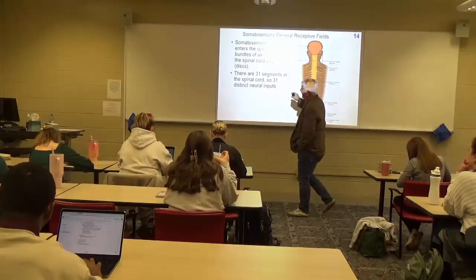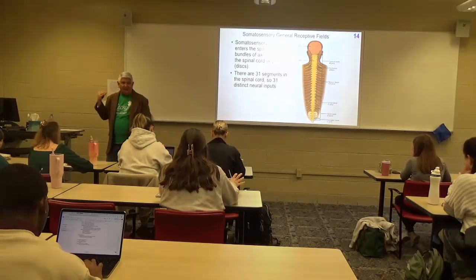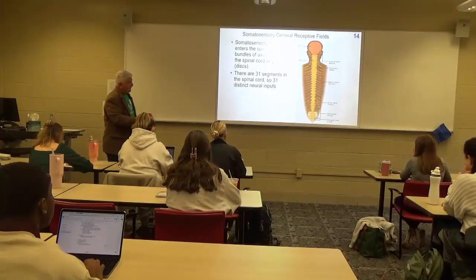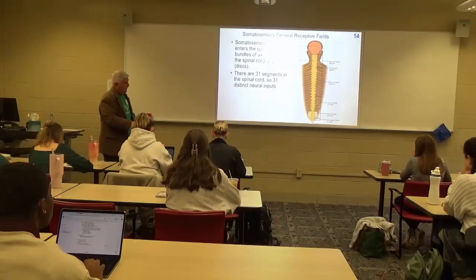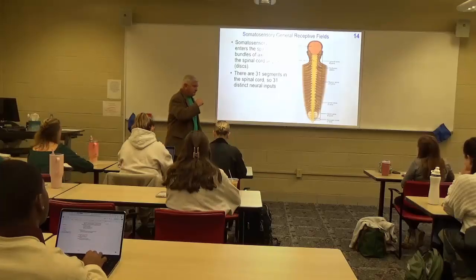And so there are 31 distinct entry points. So that results in 31 groups of neurons on the left and right of your body that are coming into the spinal cord.